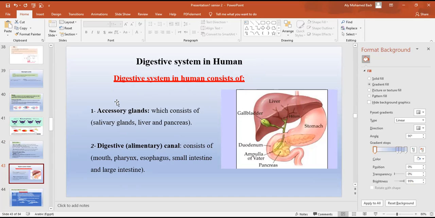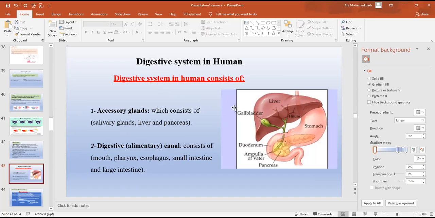We have to know how this food can reach the smallest parts in our body. How can I get benefit from this food? I will get benefit from this food by a system called the digestive system. The digestive system is the system which digests food. What's the meaning of digest? Digest means to break down large molecules into smaller ones.